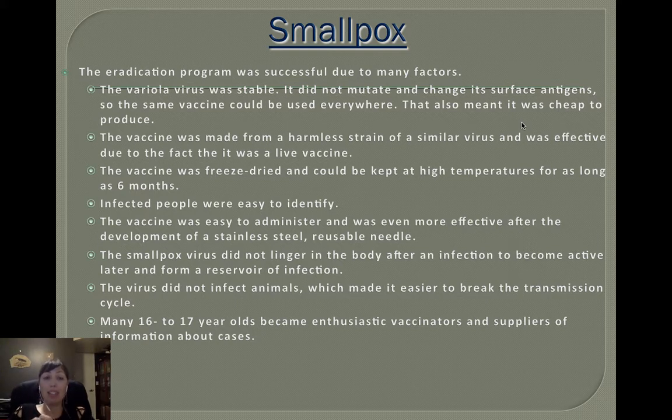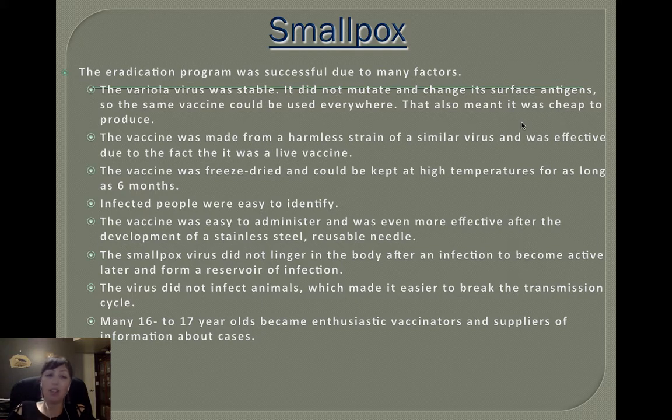Infected people were easy to identify. The vaccine was easy to administer, and was even more effective after the development of the reusable needle. The smallpox virus did not linger in the body after an infection, and the virus did not infect animals, which made it really easy to break that cycle.